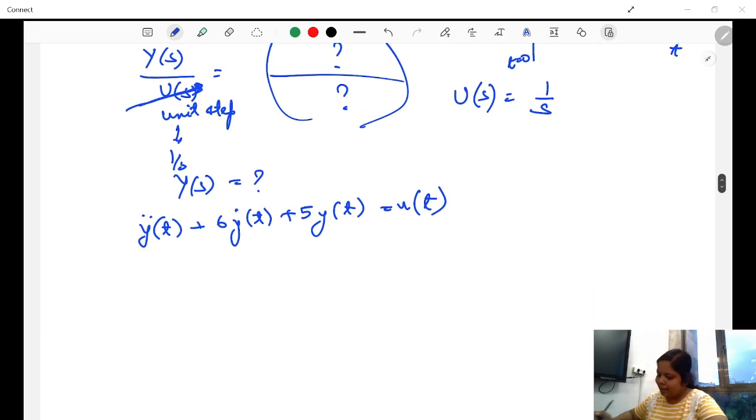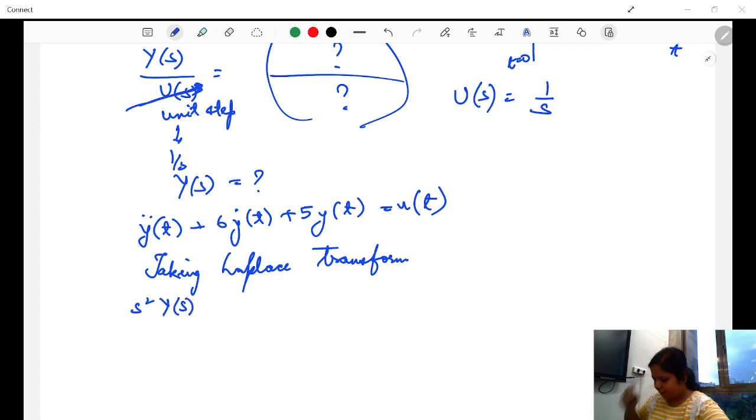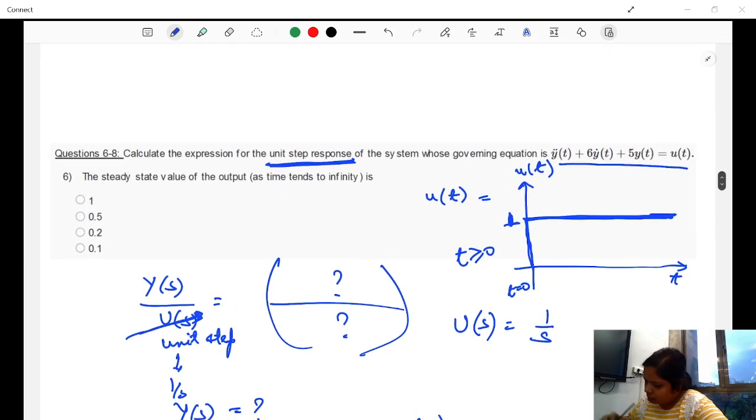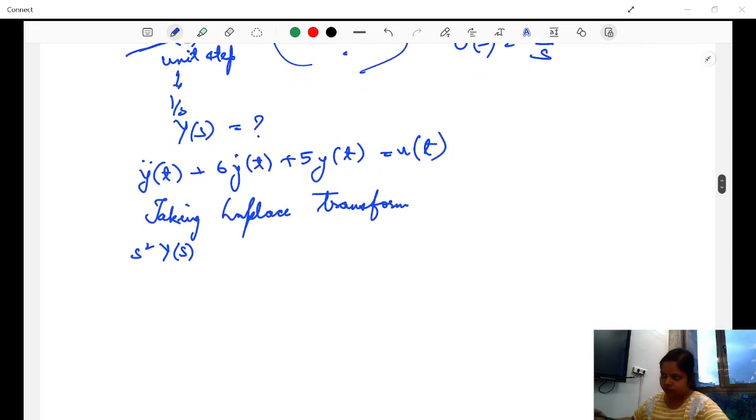Now, taking the Laplace transform, we get s square Ys. One more thing: we should have taken the initial conditions into account, but we are not doing so because nowhere is any initial condition mentioned. If it is not mentioned, we take the initial conditions to be 0 and then use the Laplace transform that way.